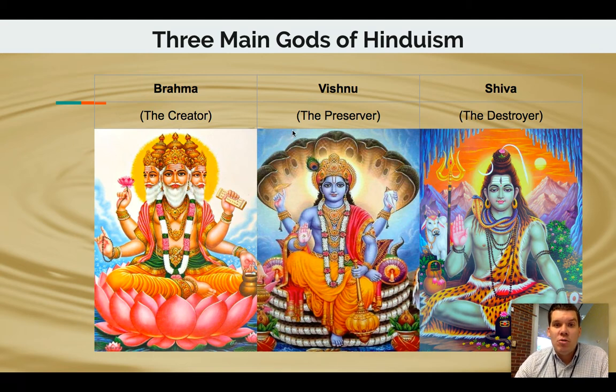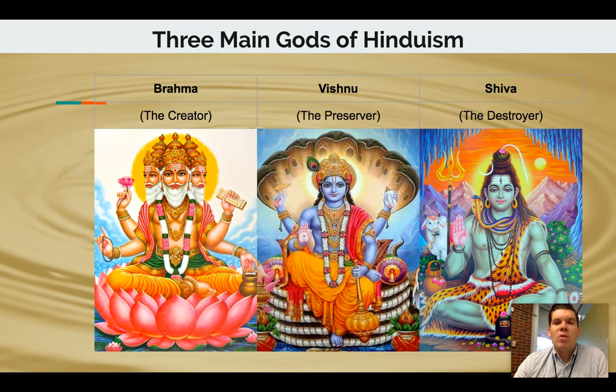We have Vishnu, who is the preserver god. And we have Shiva, who is the destroyer god. Don't think of Shiva as evil because Shiva is the destroyer, because there's this whole other part of Hinduism which gets into the idea that these are all part of the life cycle. You are born, you live, and you die. But they believe it's a cycle. It's not a line. It's a cycle. It keeps going.